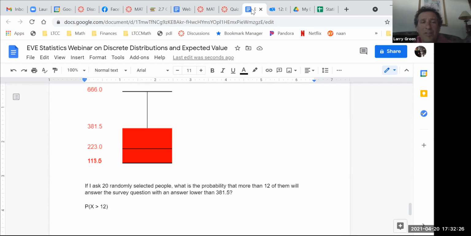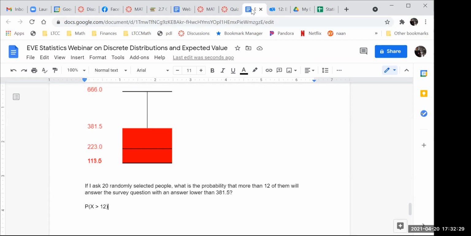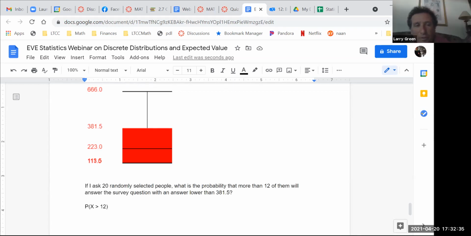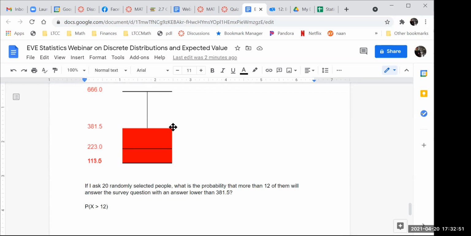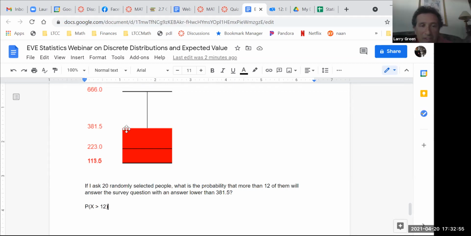Yeah, and how'd you get 0.75? Well, because isn't the red part that interquartile range? Exactly. The red part is the interquartile range. So in particular, the top of the box, we call it the box, is the third quartile. And the third quartile is the 75th percentile.